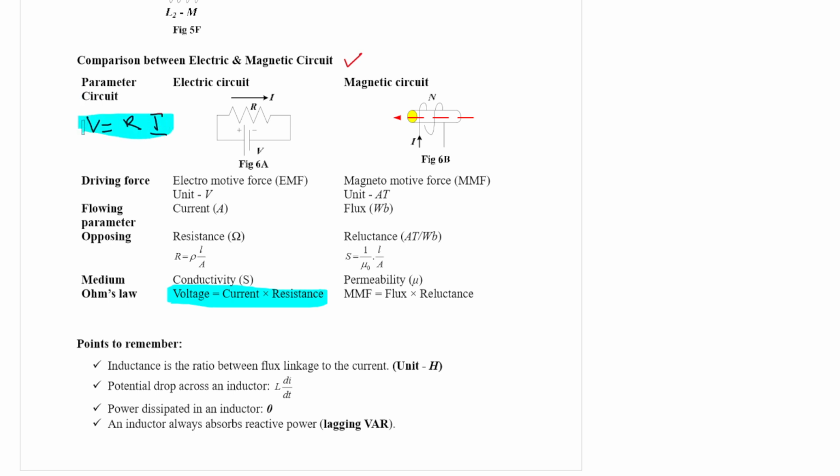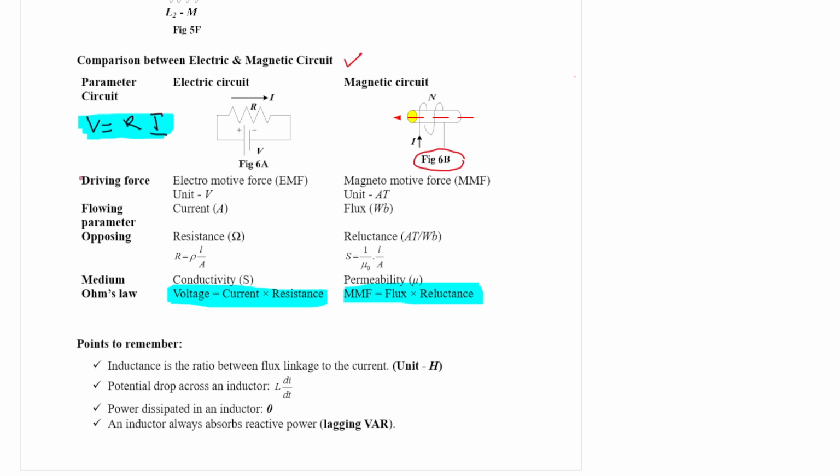However, in case of a magnetic circuit, as shown in figure 6b, we have a solenoid, one current is flowing, and we have a turn. So we have a relation equivalent to Ohm's law, which is MMF is equal to flux into reluctance.